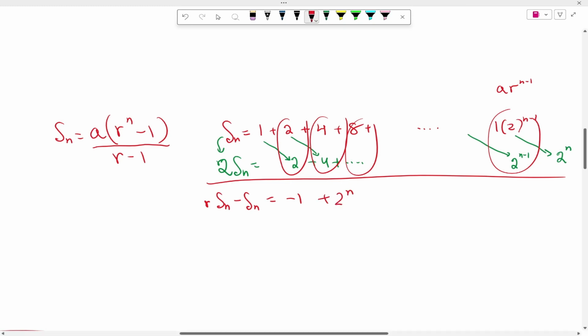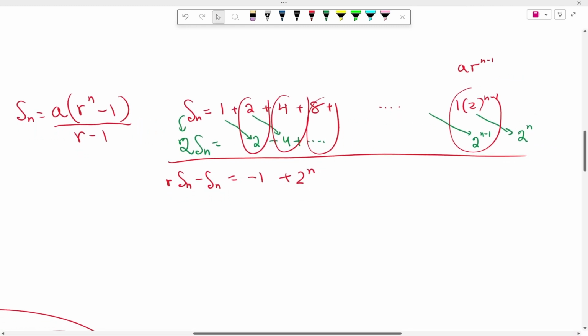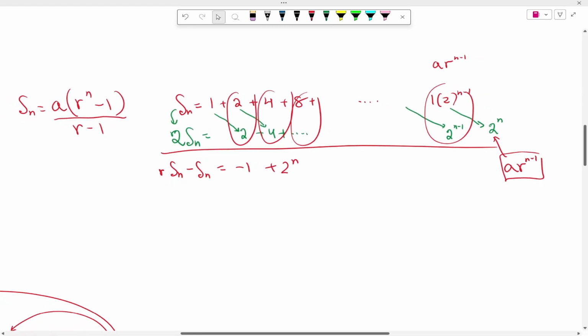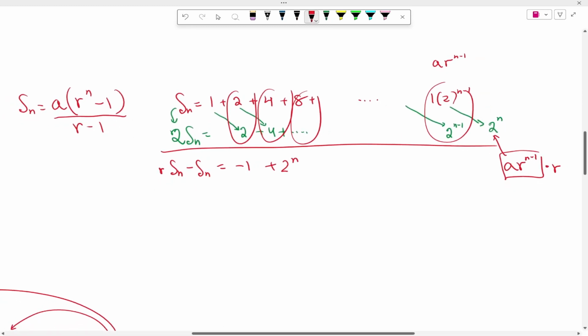But let me make it general. First of all, this 2 to the n is your a r to the n minus 1, the previous term, multiplied by an extra r. So in general, this would be minus 1 plus a r to the n only, right? Do you follow? Yes. And so next line, we can factor Sn out of this.